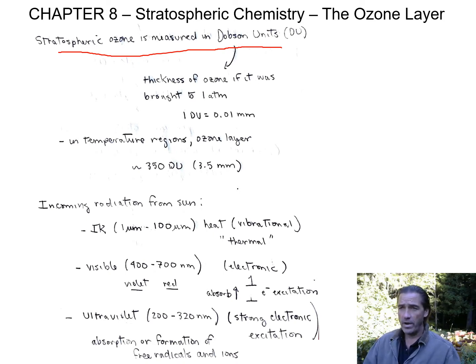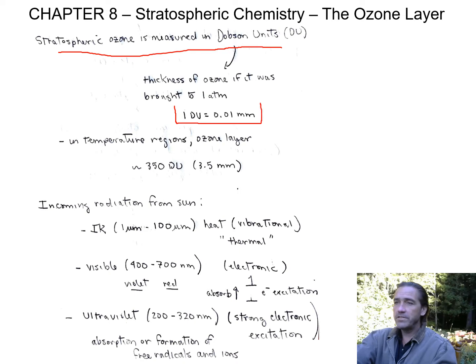The way they approach this is if you took the entire ozone layer and squeezed it down such that the pressure of ozone would be 1 atm, then 1 Dobson unit is a thickness of 0.01 millimeters.